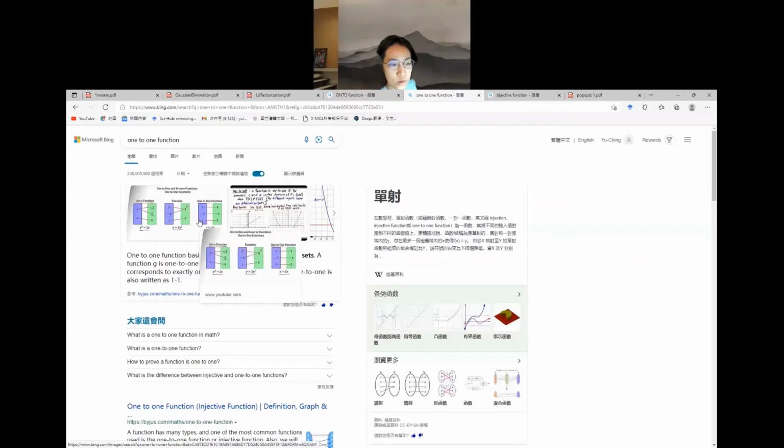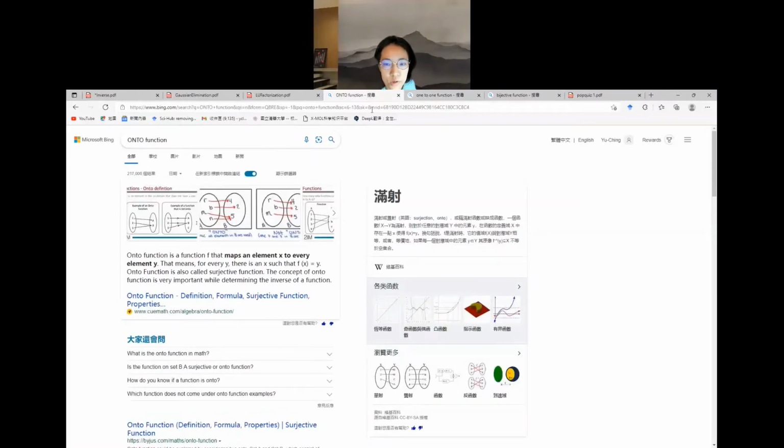Injective: at most one x could make f of x equal y. It's called injective. And we can also compare it with surjective. It says that it maps an element x to every element y in the range.